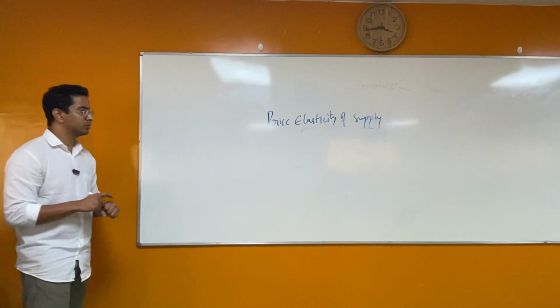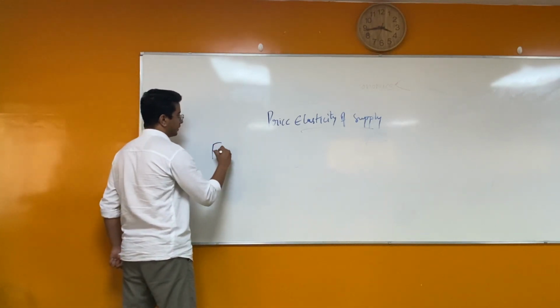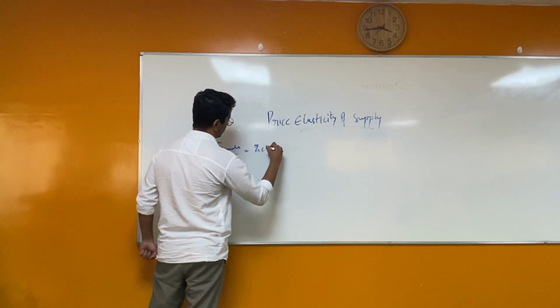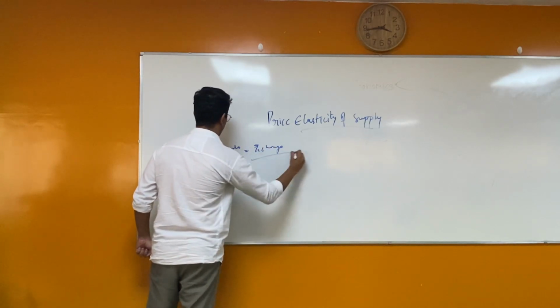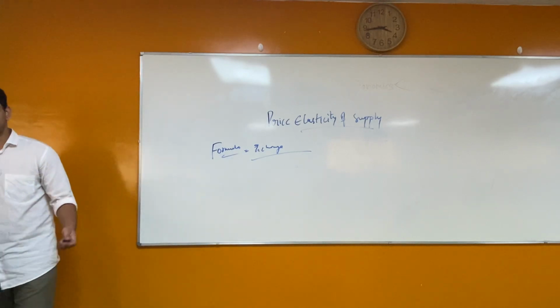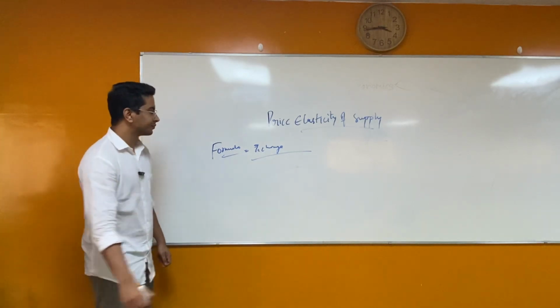What would be the formula? Same as what was there in demand: percentage change in quantity supplied divided by percentage change in price.